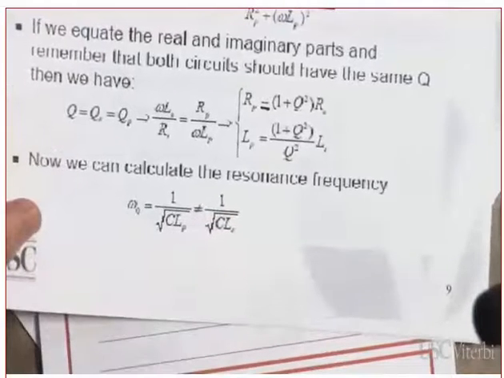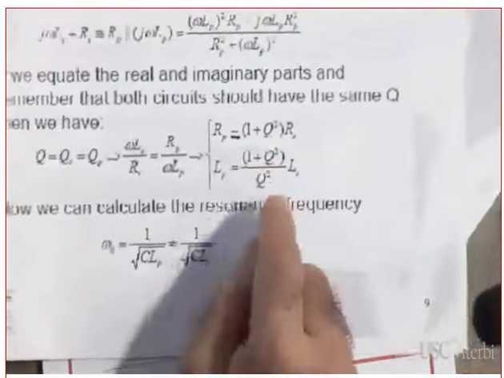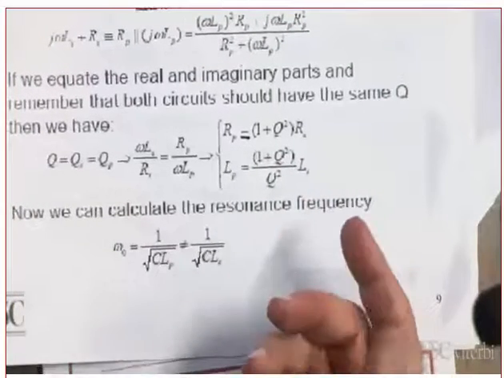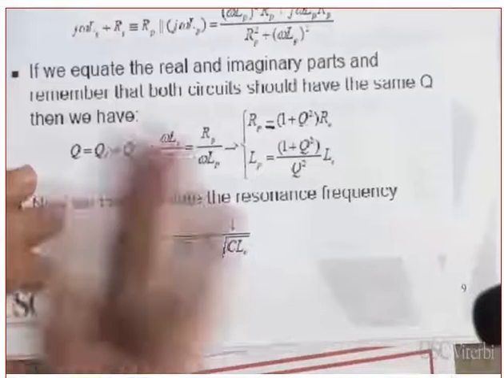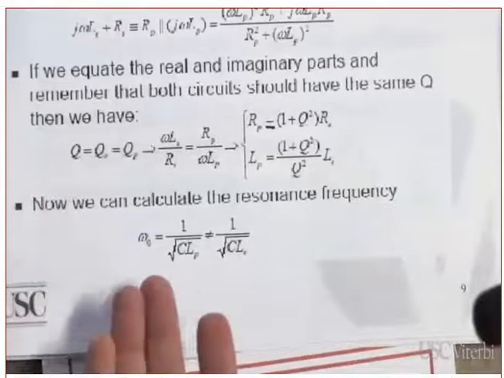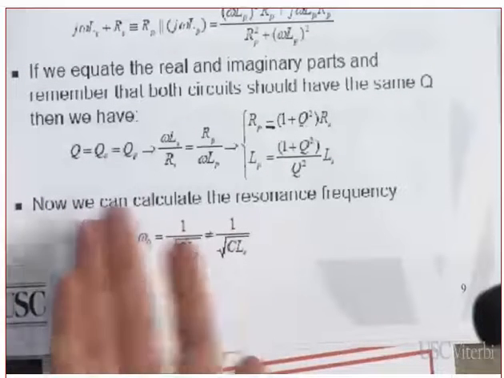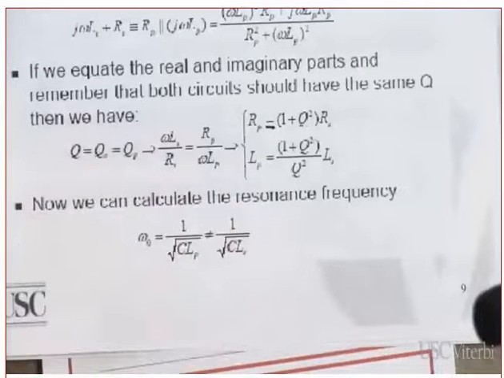But close. Do you agree that it's close? Because the LS and the LP are close to each other. But it's not exactly the same value. Clear? That's another reason, by the way, why we change it to parallel, so that we can get the resonance frequency of this RLC circuit.